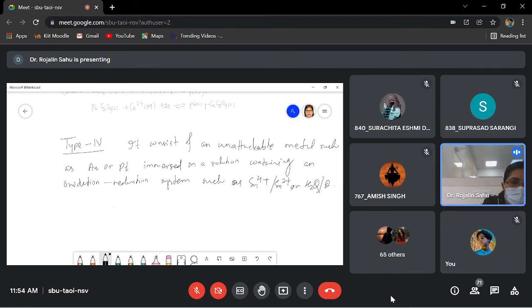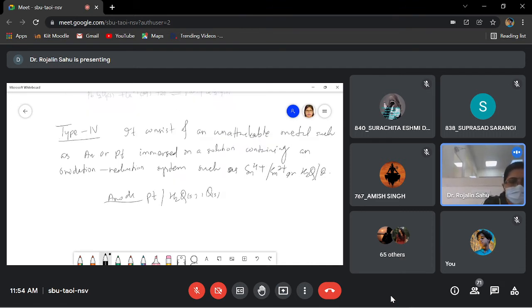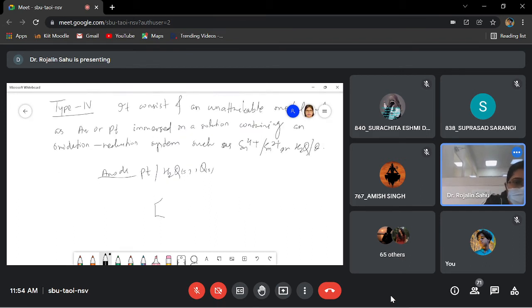Just for example, at anode, the reaction will be Pt, H2Q. So here it will be hydroquinone. This is called hydroquinone. Quinone.